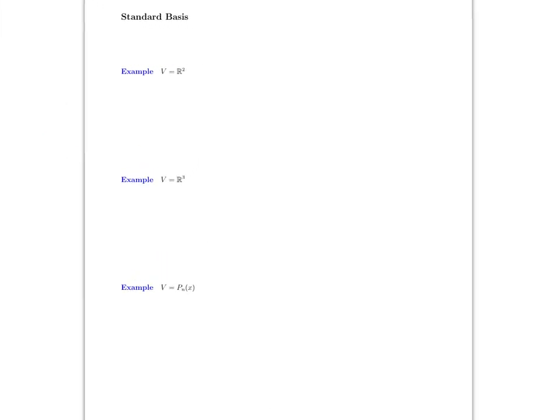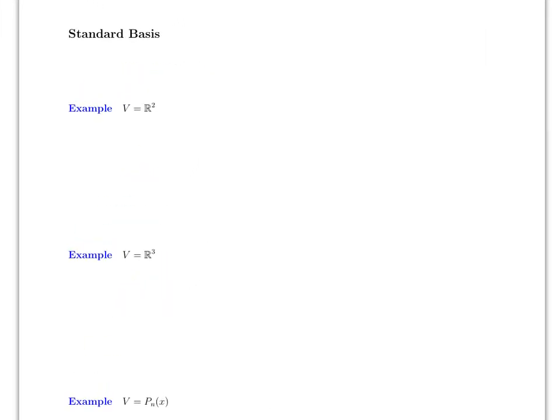As I mentioned before, the bases are not unique. You can have more than one basis for any vector space. But every vector space also has something called a standard basis, and a standard basis is just the most simplistic basis for that vector space. For example, in R2, the standard basis is going to be 1, 0, and 0, 1.